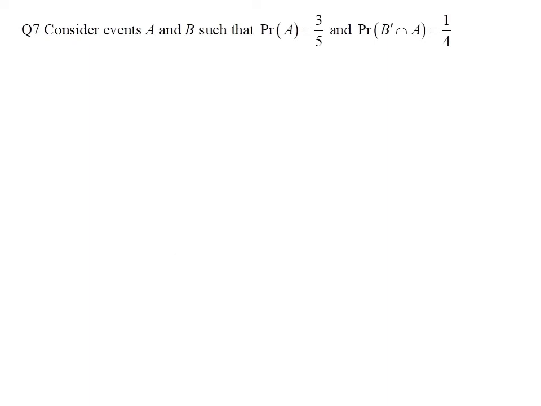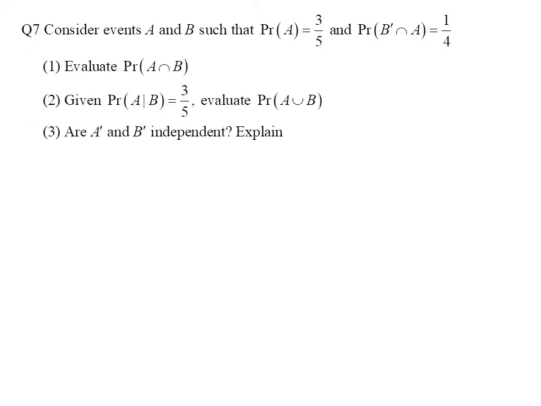Question 7 is a probability question. The probability of event A and the probability of event not B intersect A are given. They are 3 over 5 and 1 over 4 respectively. Following this, 3 questions are asked.